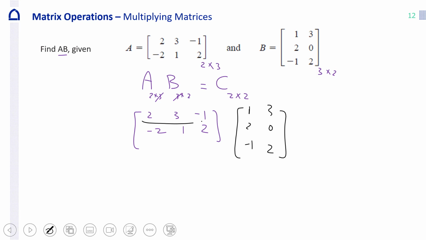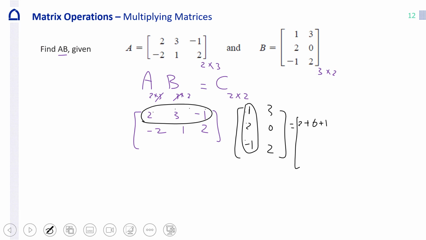As we said, from the left-hand side, you take the row and come down to this column, and the first one multiplies by the first one, plus the second by the second, plus the third by the third. If you would like to do it in one go, that's fine. 2 by 1 is 2, 3 times 2 is 6, minus 1 times minus 1 is plus 1, so you have 2 plus 6 plus 1 in the first one.